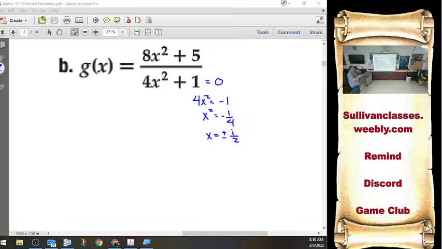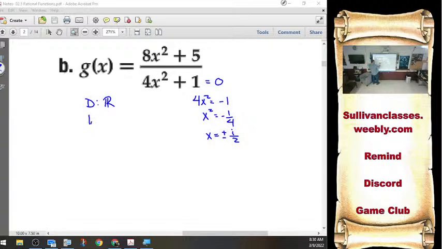There's no exclusions to my domain because there was no real number that made this not work. So my domain is all real numbers. There's no one that's going to break my rules. Maybe my rule is you can't teleport to the moon and back in the middle of a game. Well, unless someone can do that, that's okay, it's not going to work.